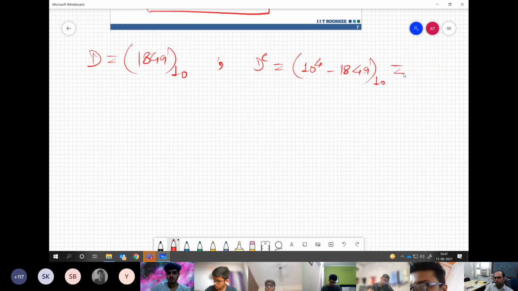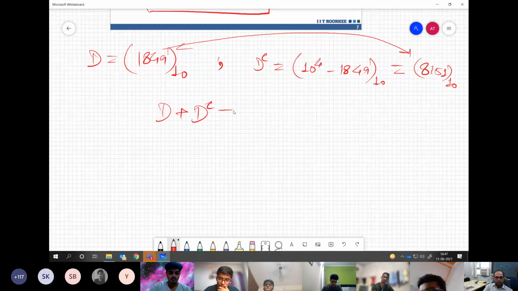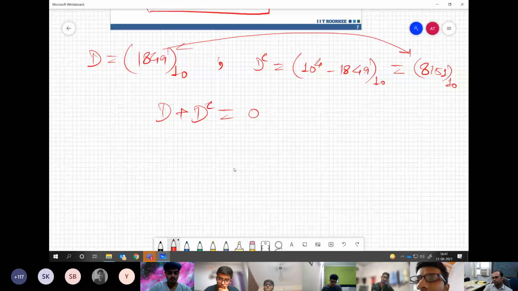So how much would it be? 8151. Now how do you say these two are complementary? Adding them gives 10,000, which will actually become 0.